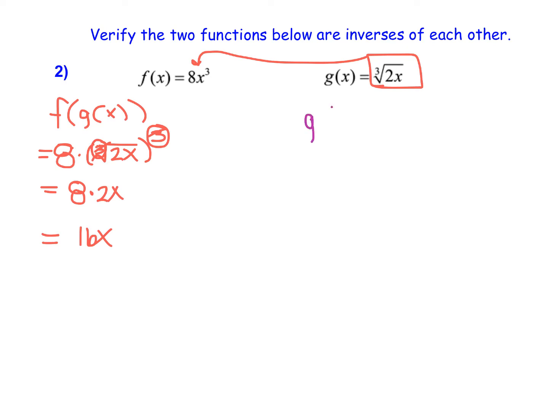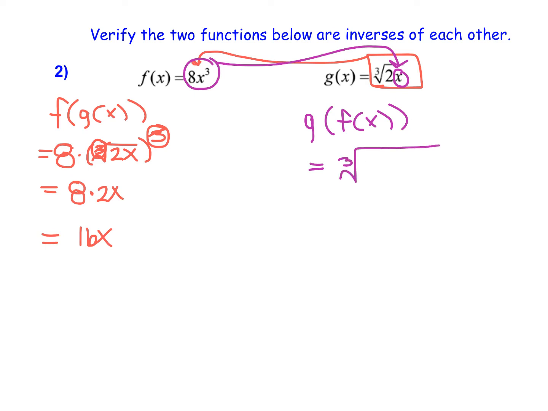So here we have g of f of x. Everywhere there is an x here, I'm going to put this whole function. So here I have the cubed root of 2 times 8x cubed. Well, this becomes the cubed root of 16x cubed.